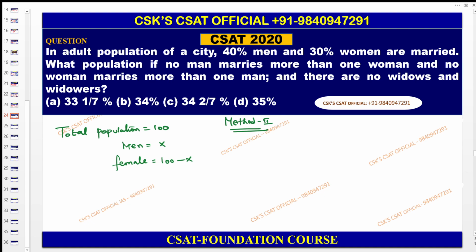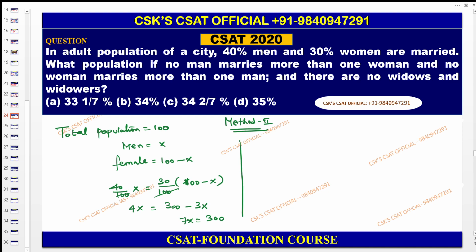Now let us take that. 40% of x is equal to 30% of the female. The female here is nothing but 100 minus x. Now you can cancel the 100 here. So 4x is equal to 300 minus 3x. Then 7x is equal to 300.